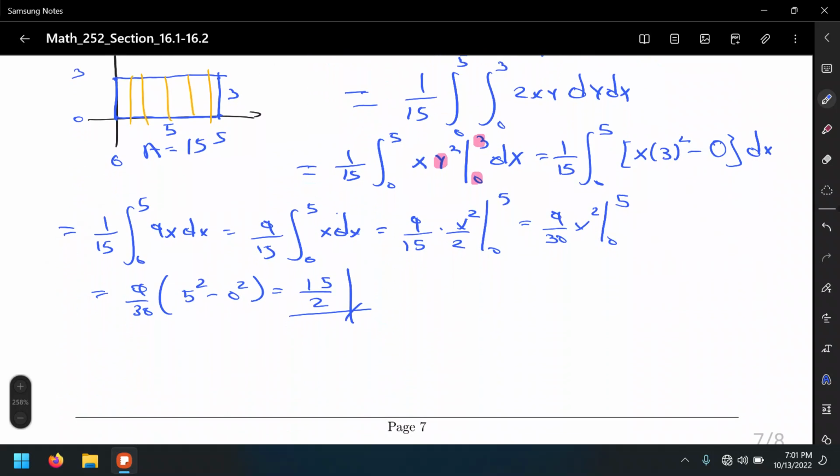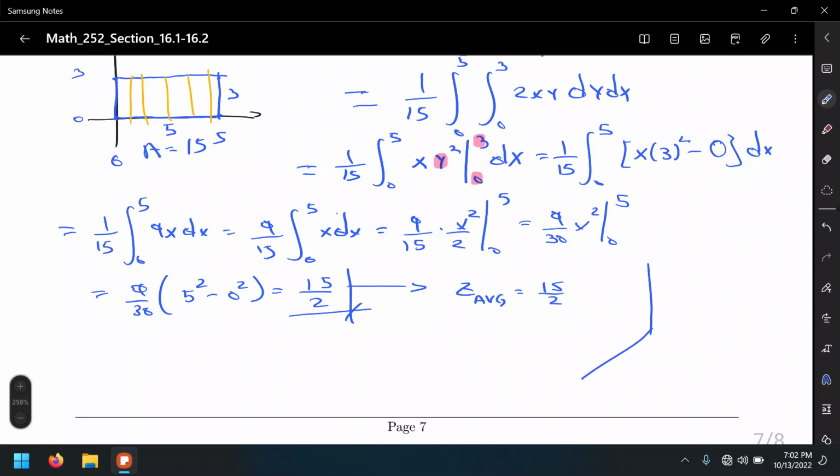Well, what would it mean in this case to find the average value? So, we have a surface, and these surfaces could be like hills, you know. So this means that this is the value, z average equals 15 halves.